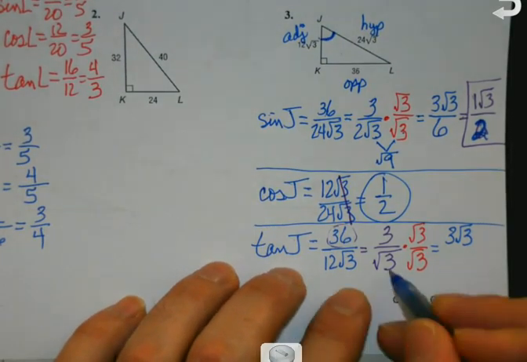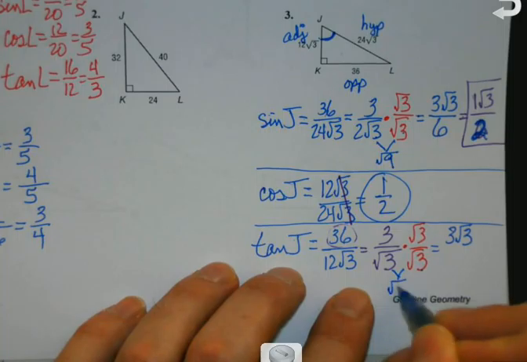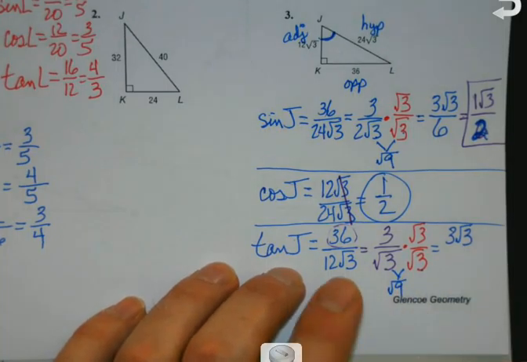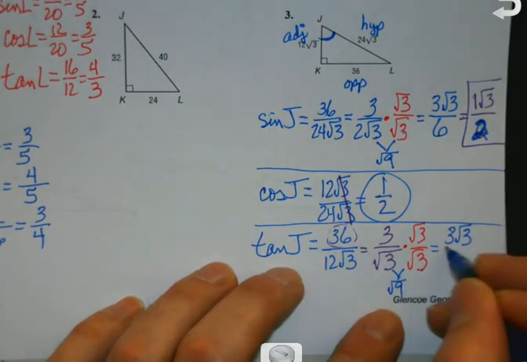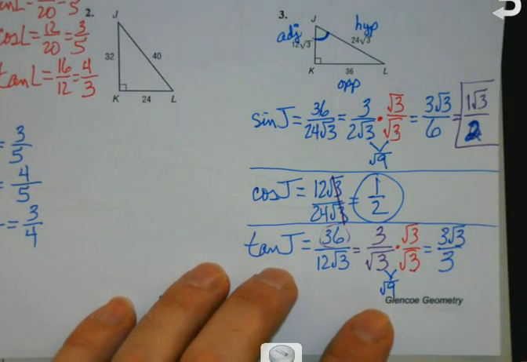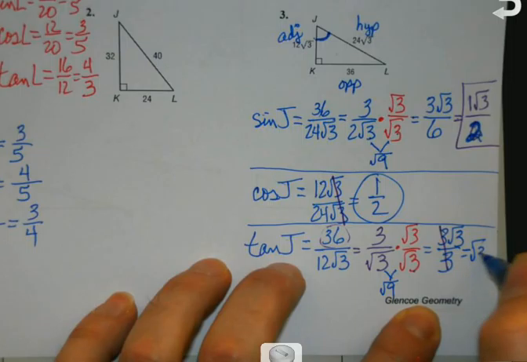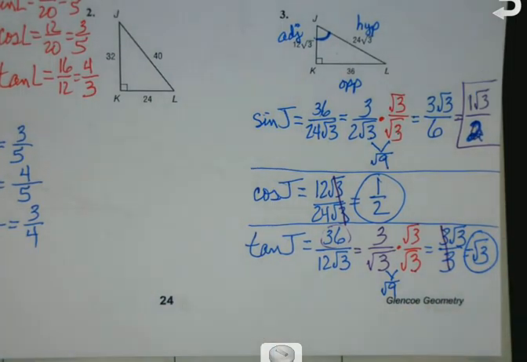And again, the square root of 3 times the square root of 3, as we saw before, is the square root of 9, or just 3. And check out what happens this time. The 3's that are outside the radicals are the same. Can I cancel those? I sure can. It's just the square root of 3. Nicely done.